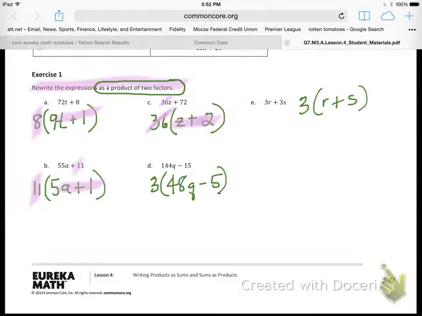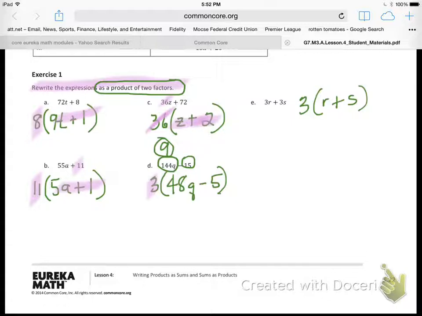But maybe some of you did the old divisibility rule, and for 144, 1 plus 4 plus 4 equals 9, and 9 is divisible by 3. And then, of course, we know that 15 is divisible by 3, so 3 was that greatest common factor. So then it's going to be 3 times 48q minus 5.